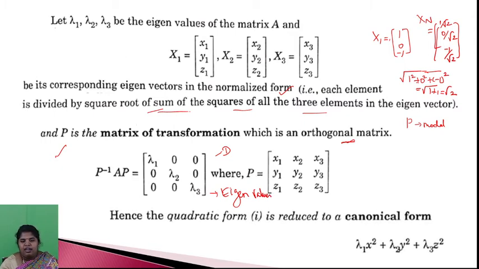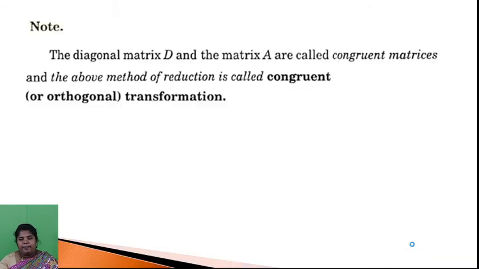Hence, the canonical form for the given expression is lambda 1 x square plus lambda 2 y square plus lambda 3 z square, where lambda 1, lambda 2, lambda 3 are eigenvalues. So the canonical form is this expression. Note that the diagonal matrix and the matrix A are congruent matrices.